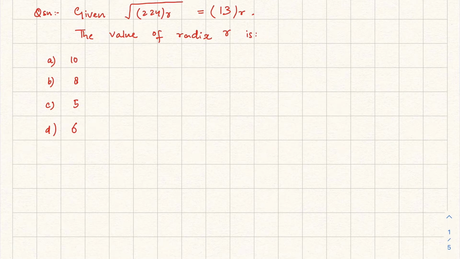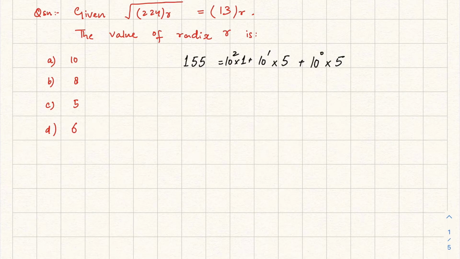Suppose a number is 155 in decimal. We all know, using the units place, tens place concept, we write it as 5 into 10 to the power 0, then 5 into 10 to the power 1, and 1 into 10 to the power 2.